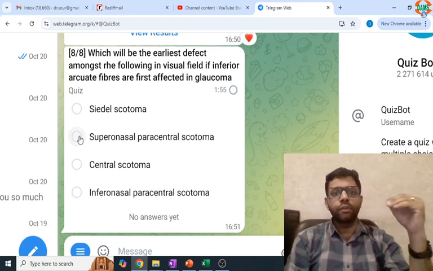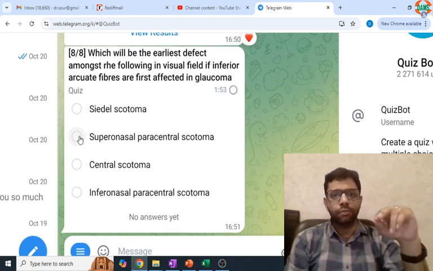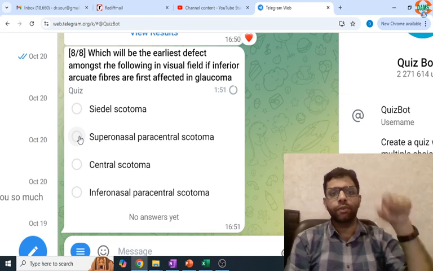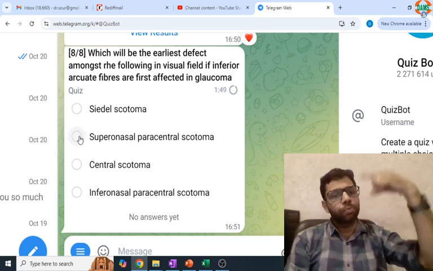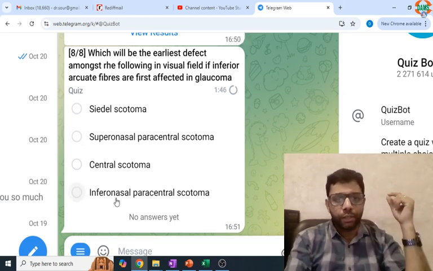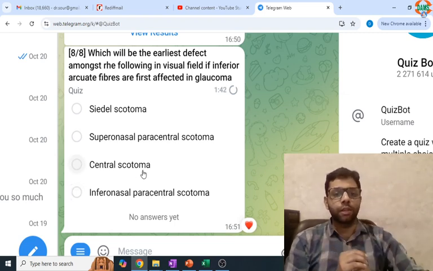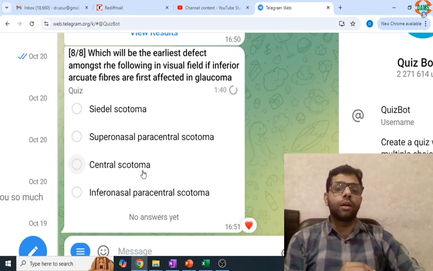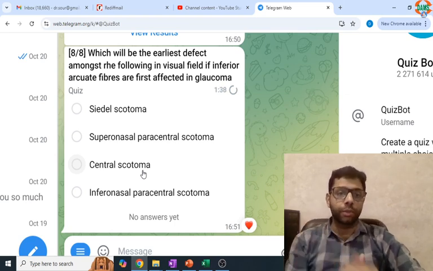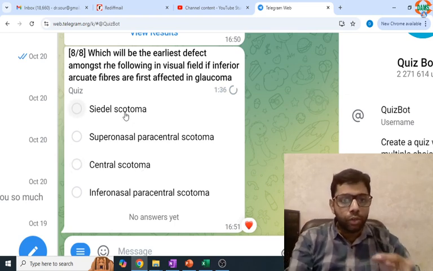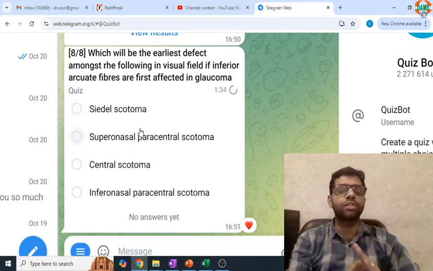Amongst the following, which is the earliest defect if the inferior arcuate fibers are involved? It has to be a superior defect, it cannot be an inferior defect. That is ruled out. Central scotoma is due to papillomacular bundle fibers, first seen in optic neuritis and toxic optic neuropathies. The question is, before Seidel or supranasal paracentral, which is first?